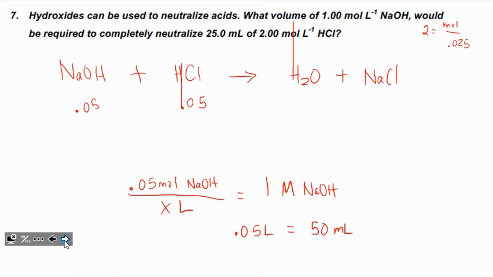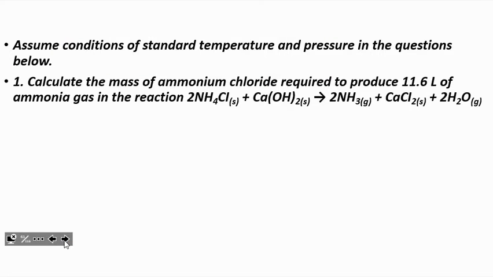You can also use liters of gas in there as well, because remember that the identity of a gas is irrelevant, because in 1 mole we have 22.4 liters of ideal gas. Okay, so we're going to assume standard conditions of temperature and pressure, and if we do that, we can work easily with our information here.